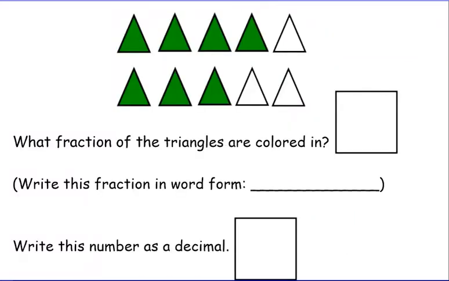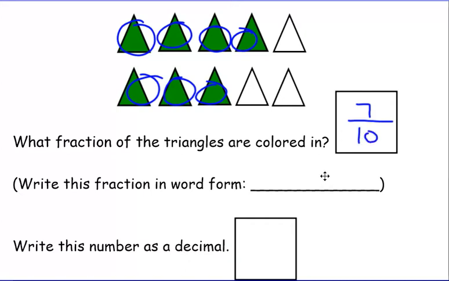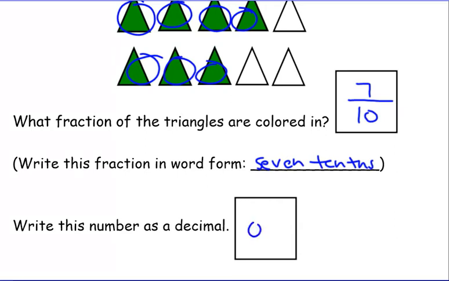Okay? So here's some quick examples. What fraction of the triangles are colored in? 1, 2, 3, 4, 5, 6, 7. So 7 over 10. How do you write that in word form? Well, 7/10. And then how do you write that as a decimal? 0.7.